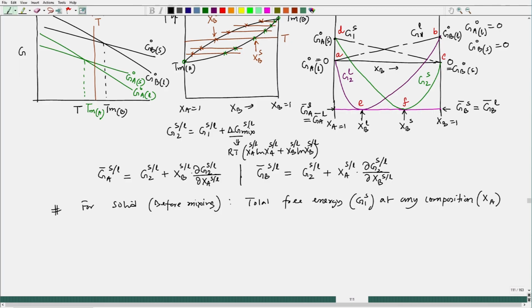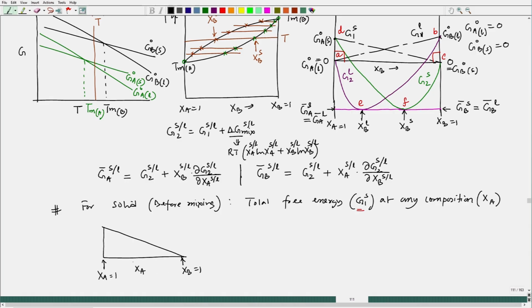So if we try to find that, okay. Now we see that these two angles, this angle as well as this angle, are 90 degrees. So first, in order to find the equation for G1 solid, that is unmixed G1 at any composition, we have to deal with this particular triangle, where this point is XB equal to 1, this point is XA equal to 1, and XA is varying this way.